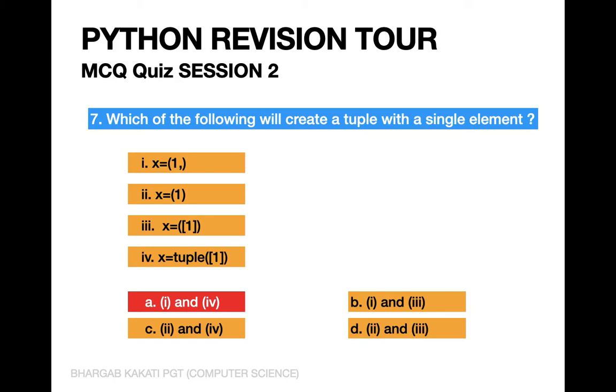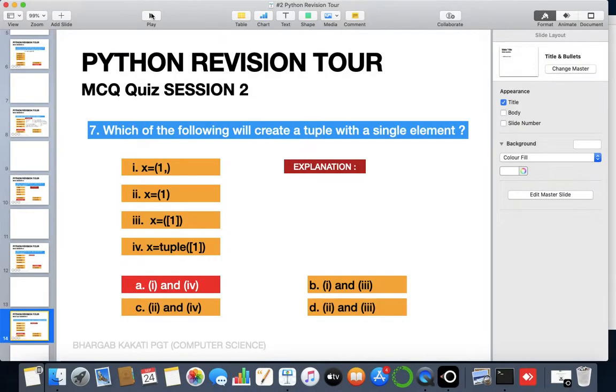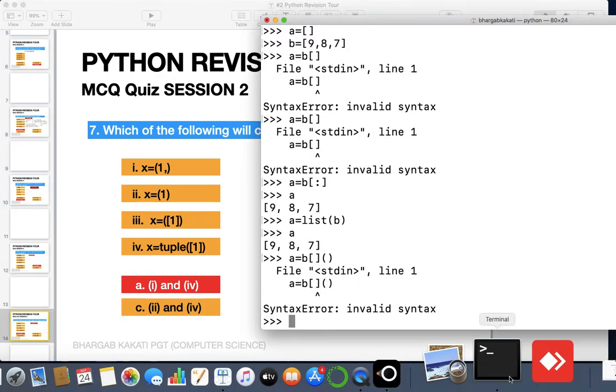With the help of these two options, you can create a tuple with a single element. Most of the students will get confused and they will think that option 2 is one of the correct options, but that is not the technique for creating a tuple with a single element. Let me explain it to you practically.